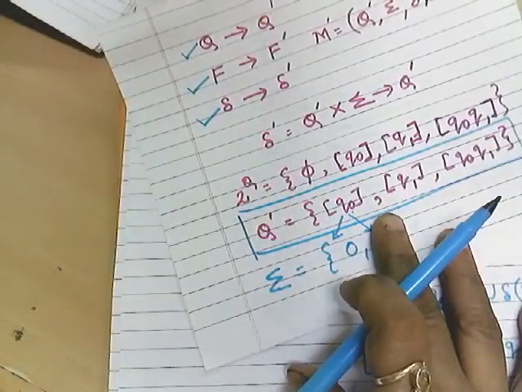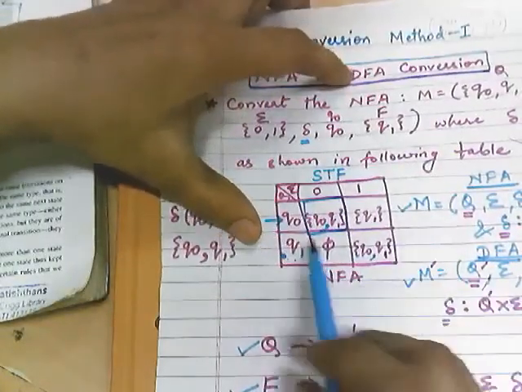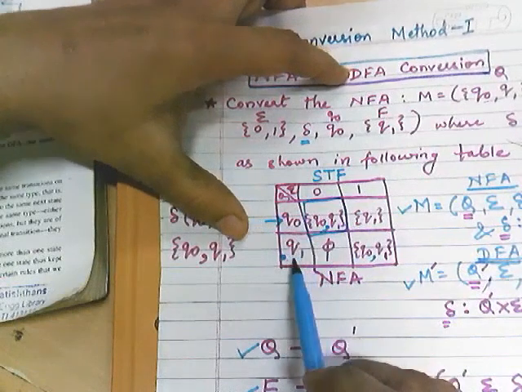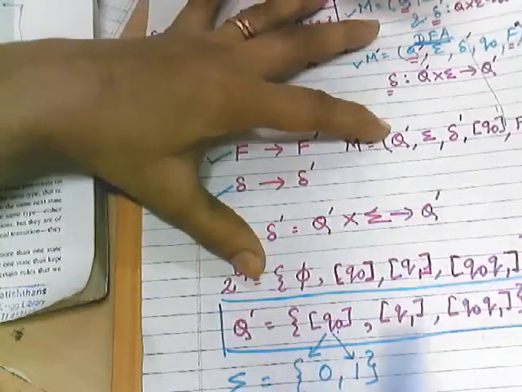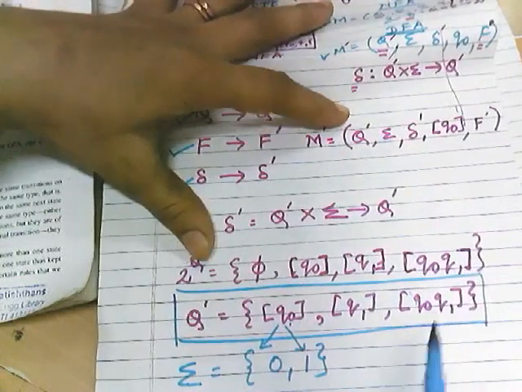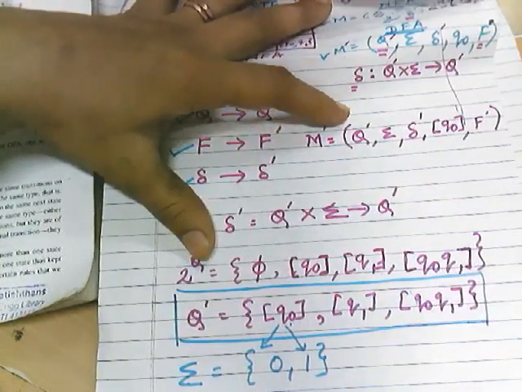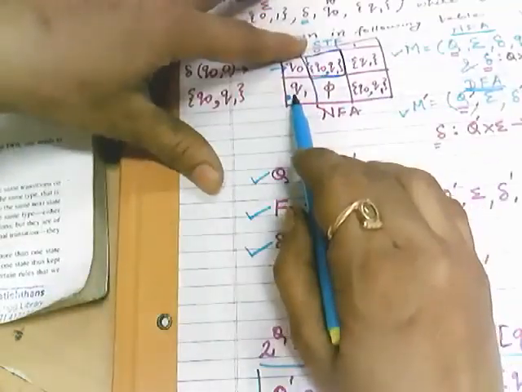My F dash will be all those states where the final state of the given NFA is available. Once again repeating, for the NFA the final state is only q1. So in my converted DFA, I need to make as final state all those states wherever the final state is shown.